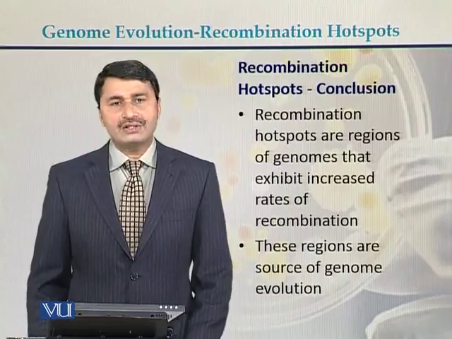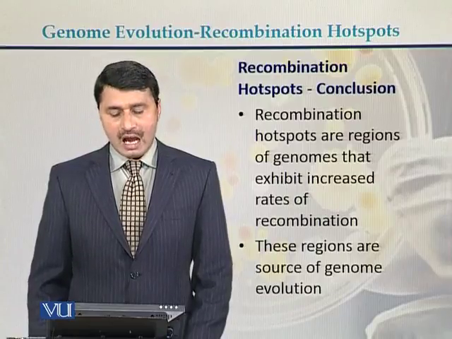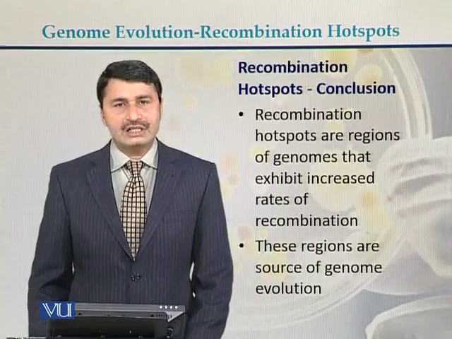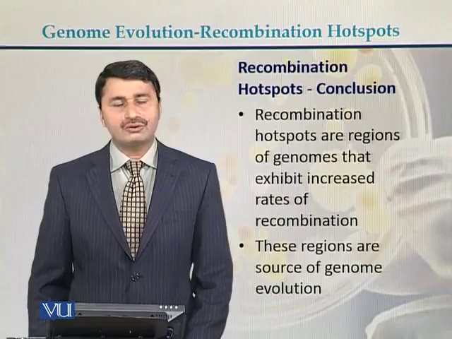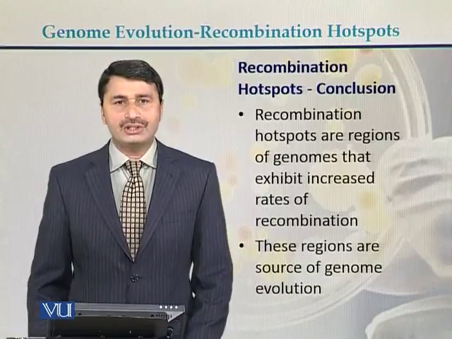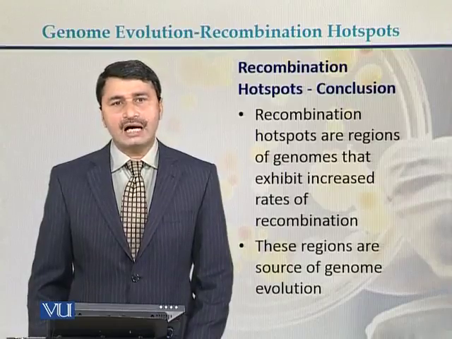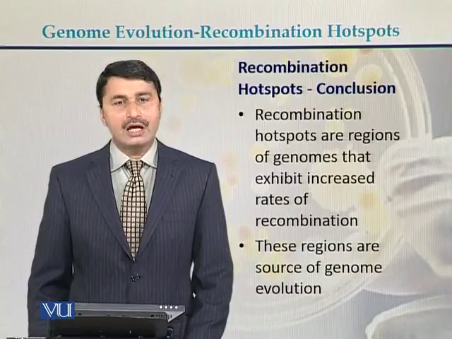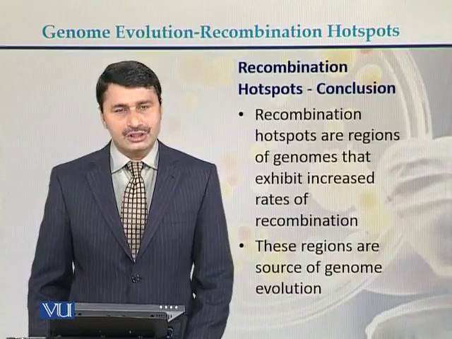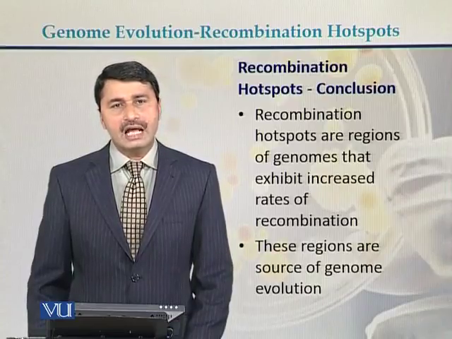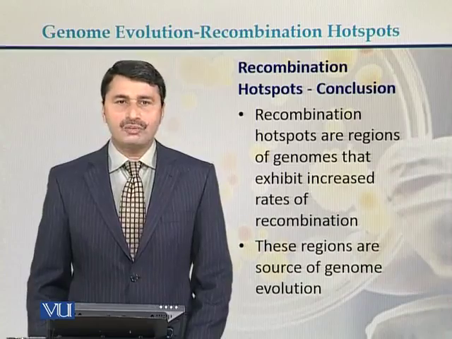The difference between a normal recombination rate and the increased rate is that these are those regions on the genome where there is an increased rate of recombination when we compare them with other regions of the genome. So those regions are called recombination hotspot regions, and they are also considered a source of genome evolution.